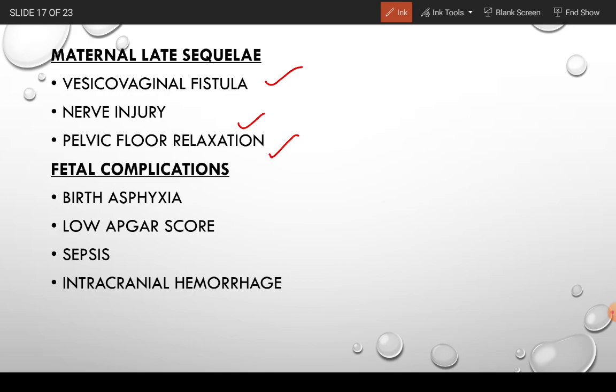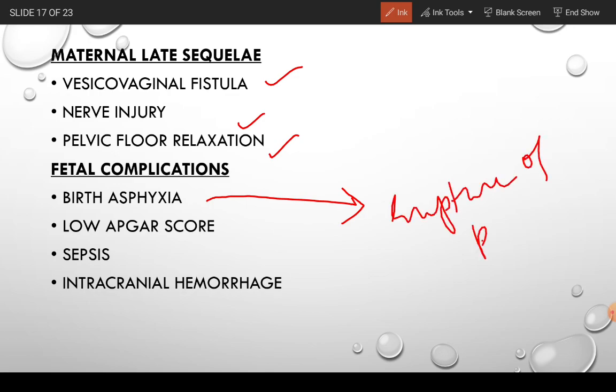So the complication that can happen to baby is asphyxia, and later baby may die because of the rupture of placenta.